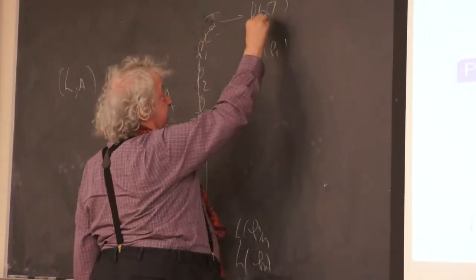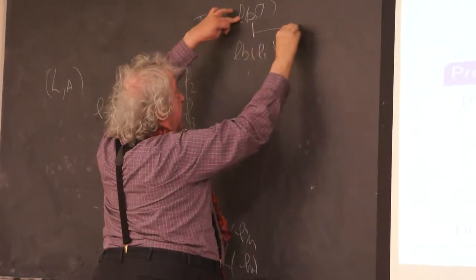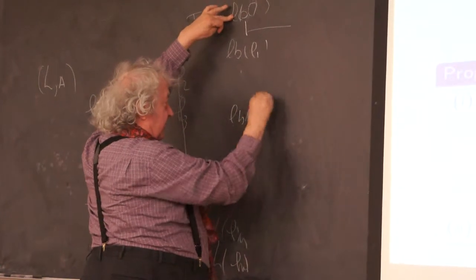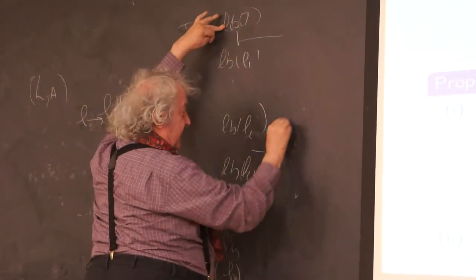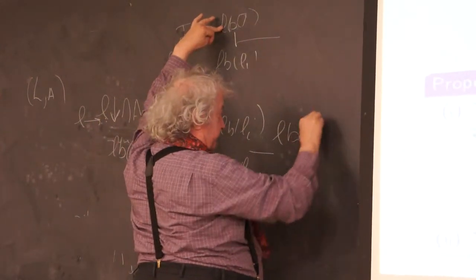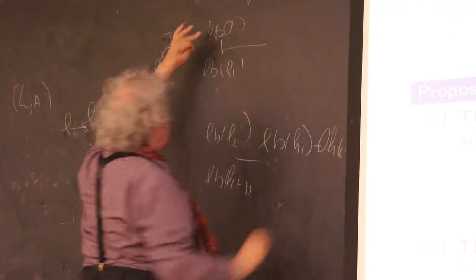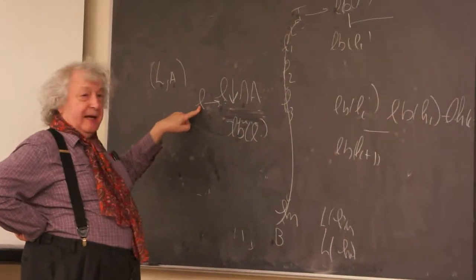Okay, and now take successive differences. So take this set minus this. Here, at this spot, when you have label Li and label Li plus 1, just take the set theoretic difference. Okay, so given any lattice in the world, you stand at L.